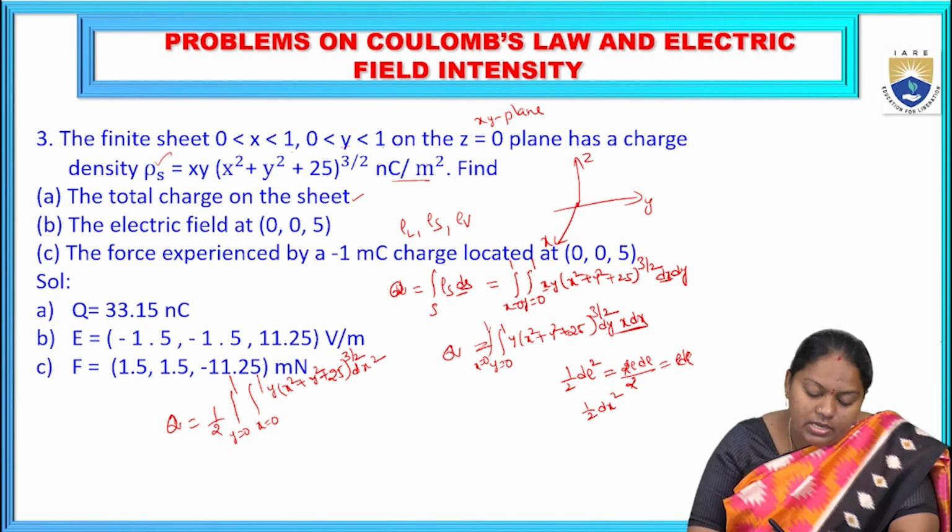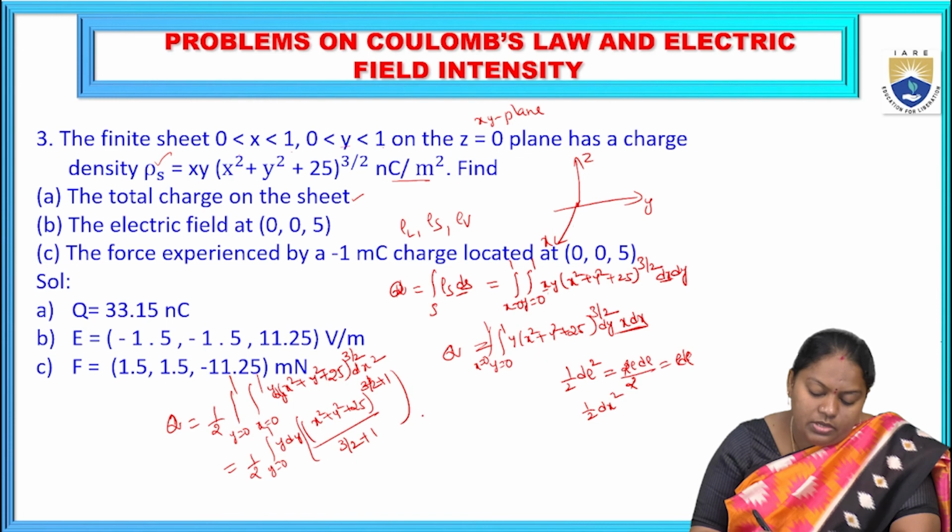So we are integrating this with respect to x square: 1 by 2, then integral y equal to 0 to 1, then y dy into d of x square. So integration of x square by 2 becomes (x square plus y square plus 25) whole power 3 by 2 plus 1, divided by 3 by 2 plus 1.